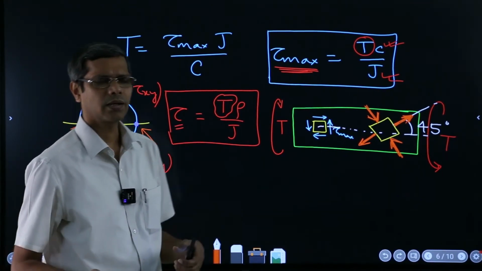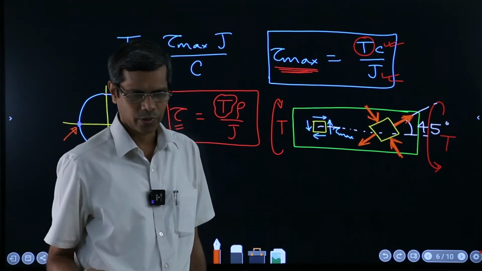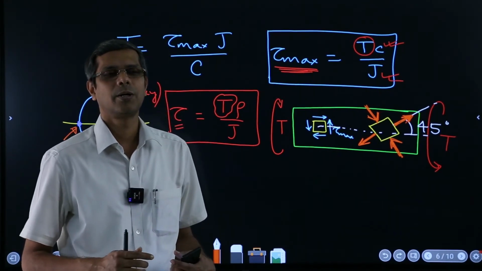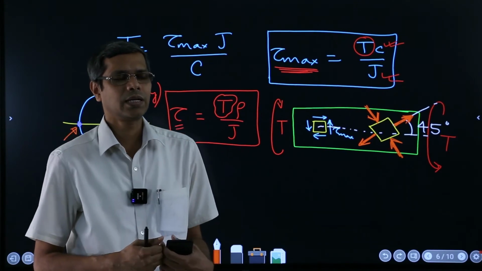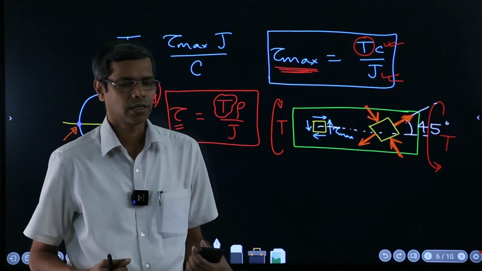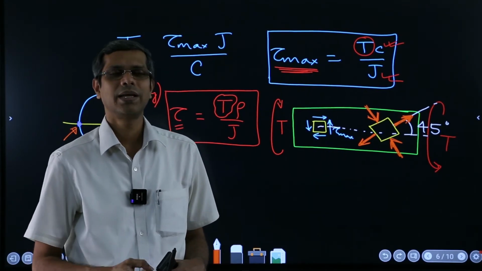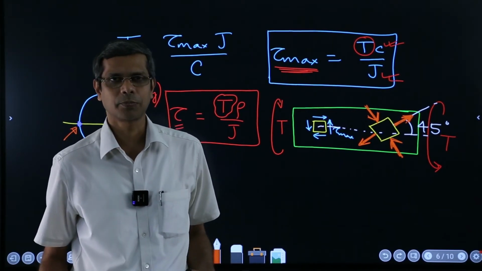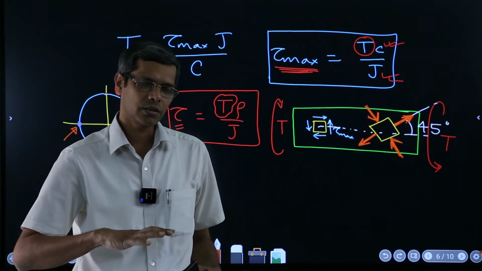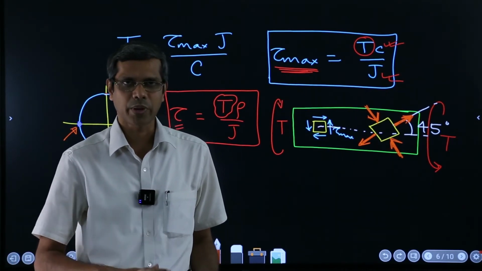Like concrete also, you might know that concrete is really very weak in tension, and that is why they reinforce it with steel rods so that it will gain tensile strength. Otherwise, the concrete strength is actually in compression.